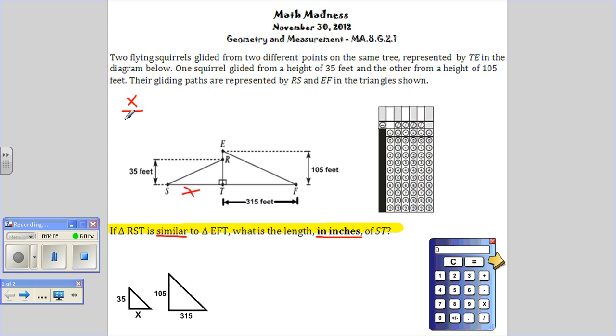So I'm going to put 315 here, and is equal to, since I started with the small triangle, I'm going to start my second ratio with the small triangle. So 35 would be my numerator, over 105.